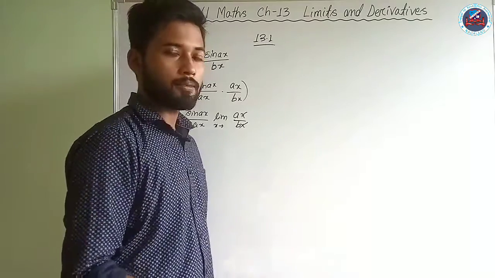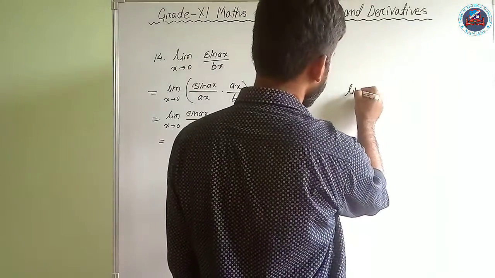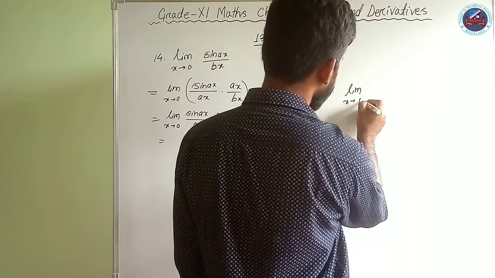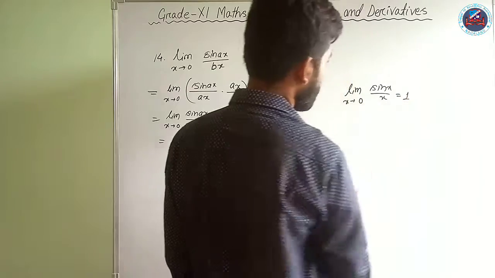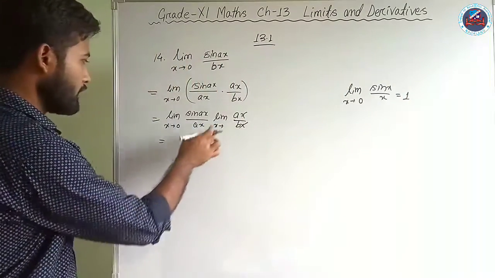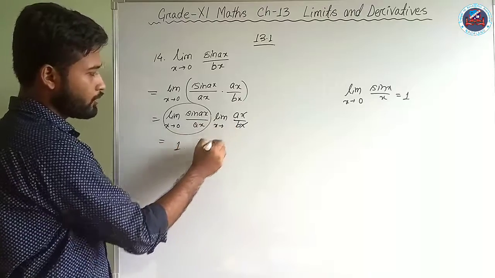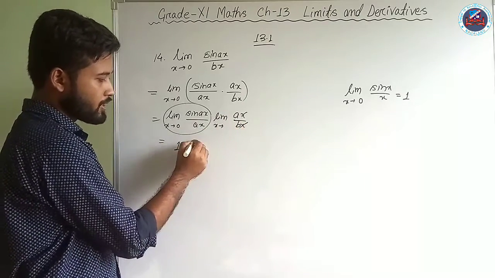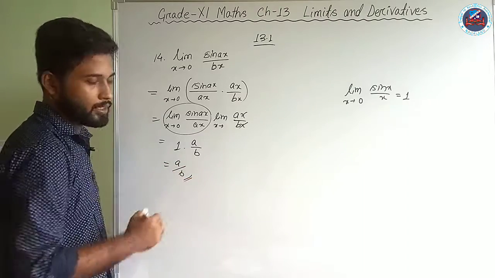Just after the explanation of the sandwich theorem, we have written a result, that is limit x tends to 0 sin x by x is equal to 1, isn't it? So we shall be using it there. That means this whole thing will give us 1, and along with this, since a and b are constants, the limit will not act on it, so this will be a by b.